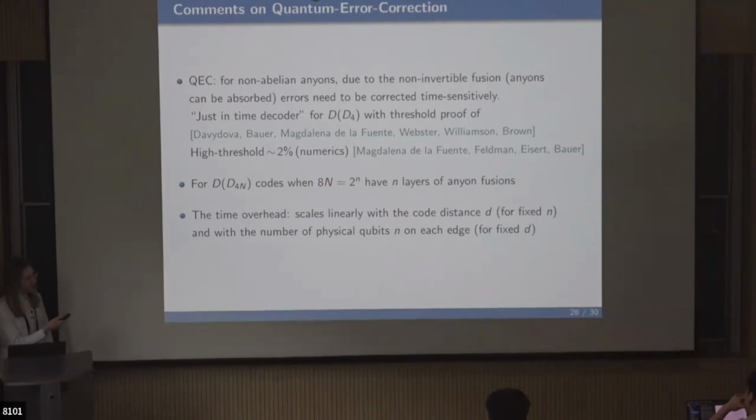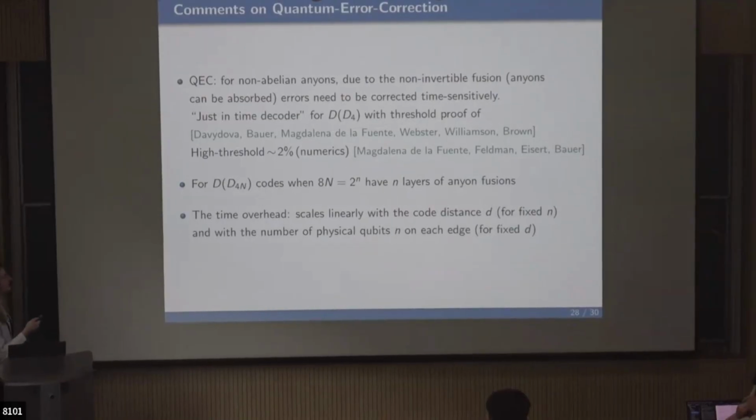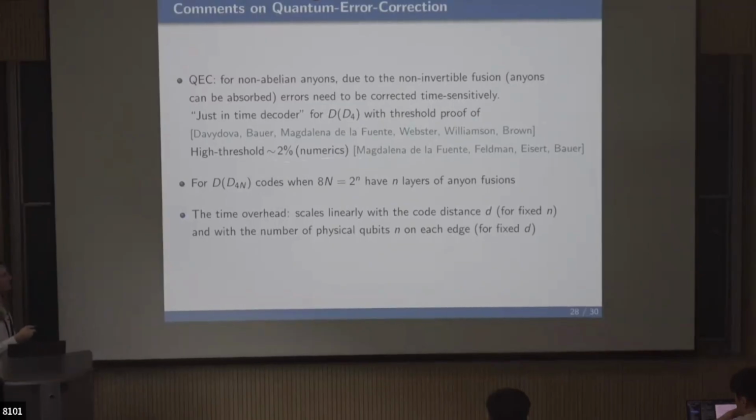Okay, so we are actually working on some more details about the decoder, which was basically generalized in this paper by Davydova, by Margarita and Dom and collaborators, where the threshold was also shown to be quite high by this numerical implementation by Julio, Noah, and collaborators.